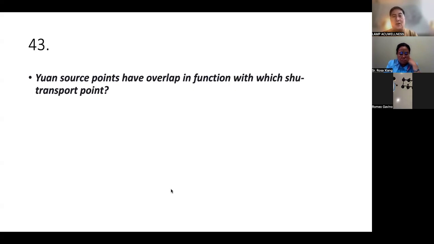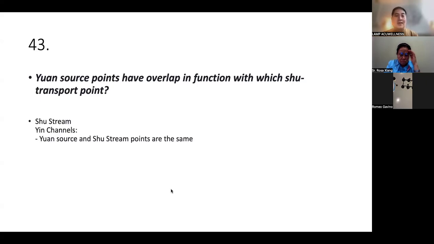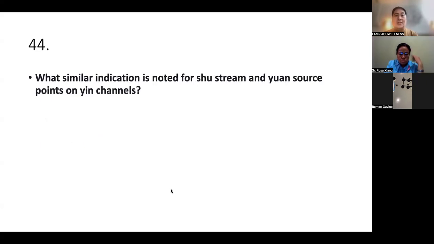Yuan-Source points have overlap in function with which shu transport point? Shu-stream. Yes. For the yin channels, the Yuan-Source and the shu-stream are the same. What similar indication is noted for shu-stream and Yuan-Source points on yin channels?